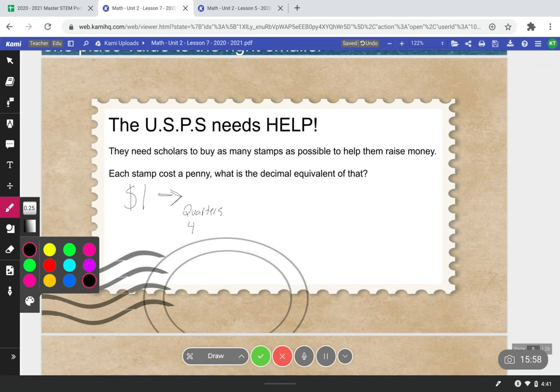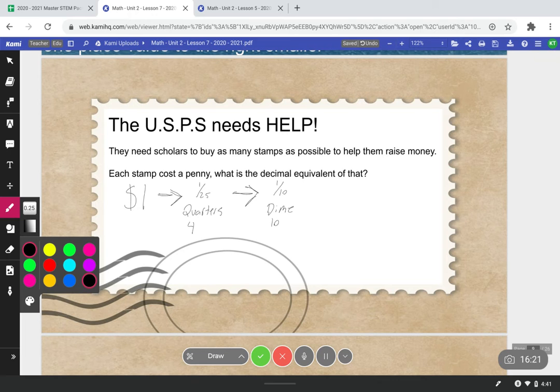I need 4 to make $1. Dime. I need 10 to make $1. So 1 dime is 1/10 of $1.